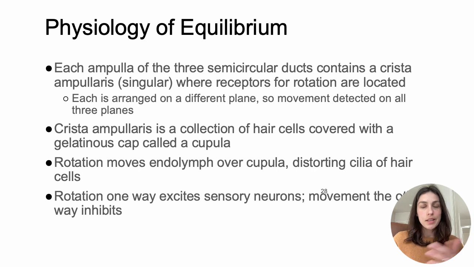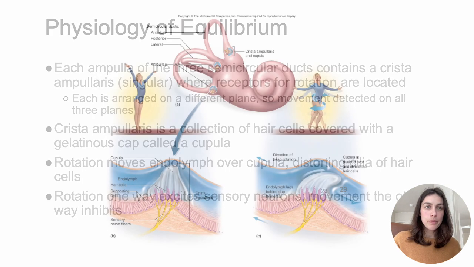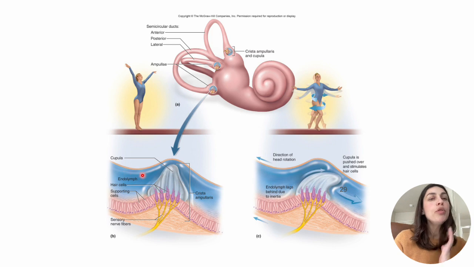And again, the same thing happens when we have a movement of the fluid in there. Let's look at a picture here. When we have the movement of the endolymph, the fluid gets this momentum, and then it pushes on the cupula, that gelatinous stuff covering the hair cells.